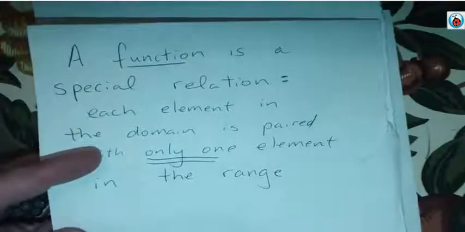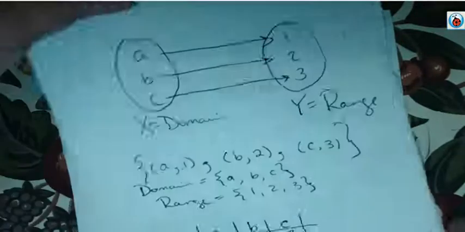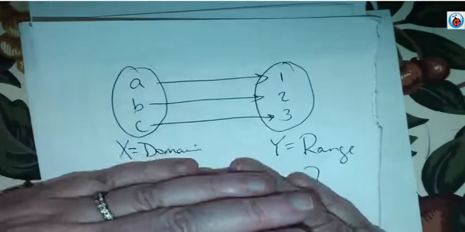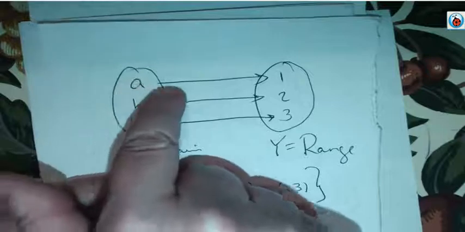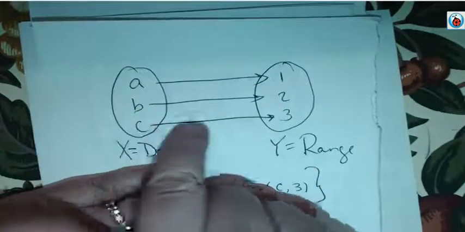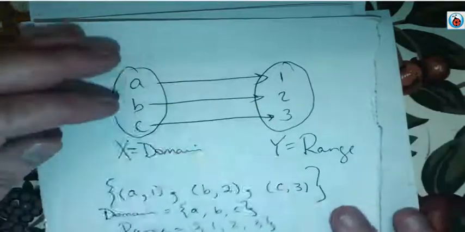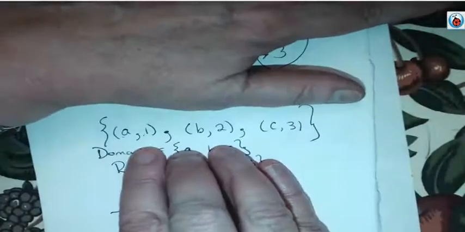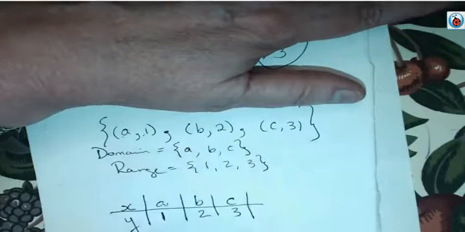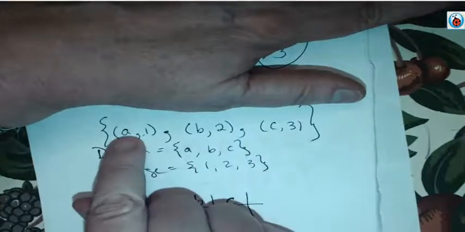Okay, so let's go back. They're all relations. Let's see which one of those are functions. Is that a function? Well, if I look at this presentation, each thing in the domain is only paired with one thing over here. So yes. But what if it had been given to me like this? Well, if it's a function, I'm looking at the first entry.